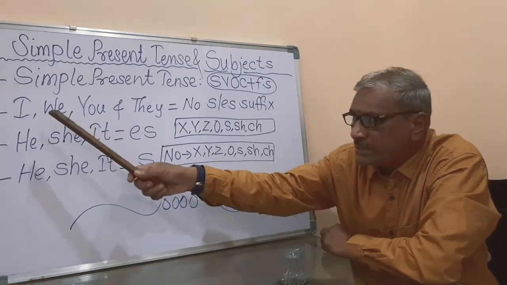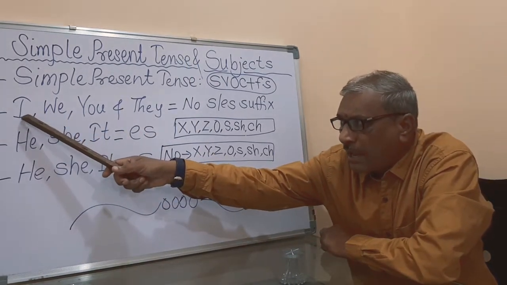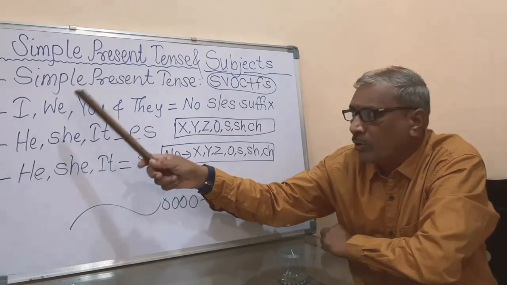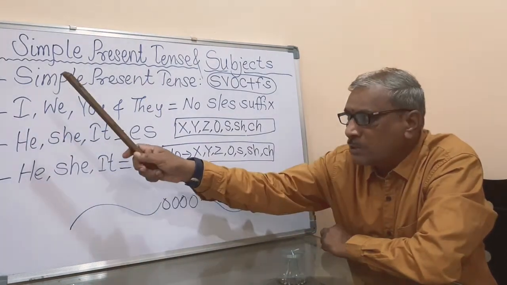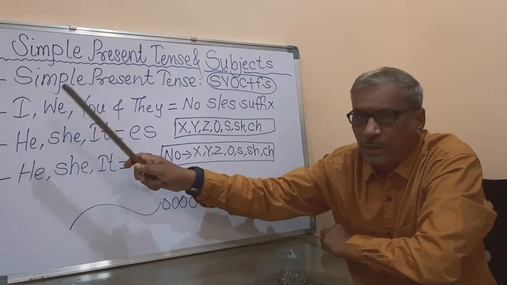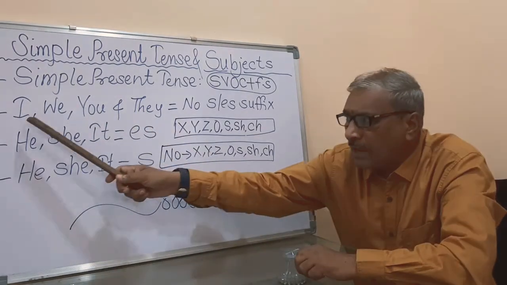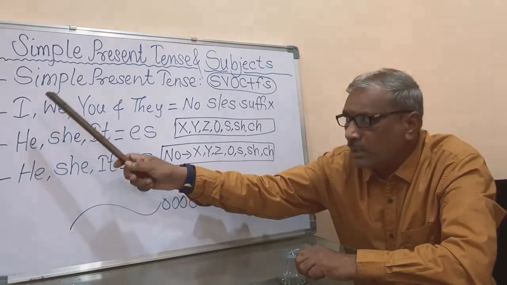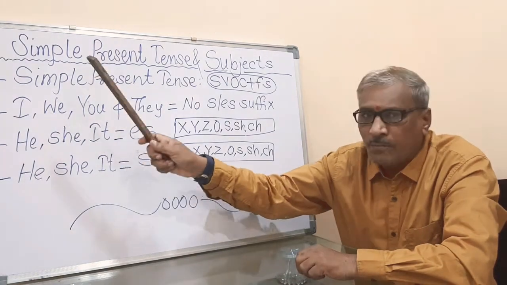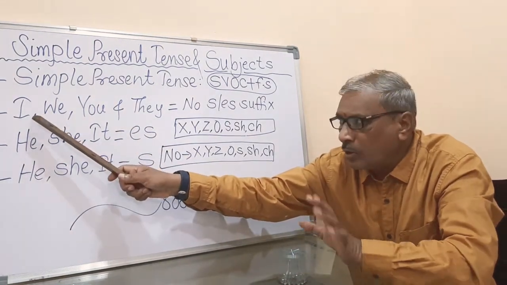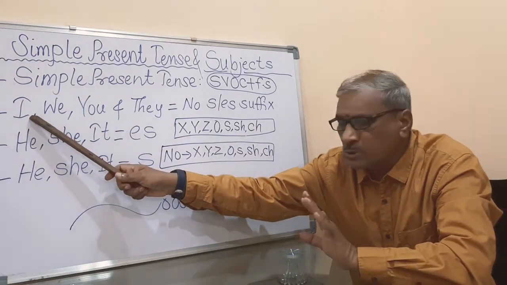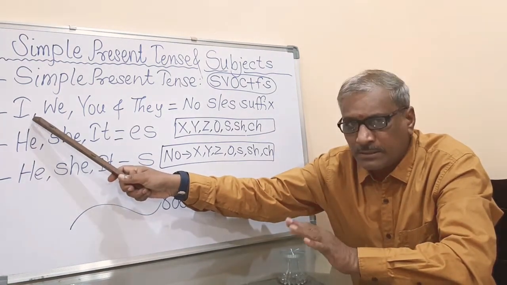So, for example, we will see: I play cricket on the ground. I do not play cricket on the ground. Now see, I play cricket on the ground. Here I use the verb play, and I did not use the s or es suffix with play.